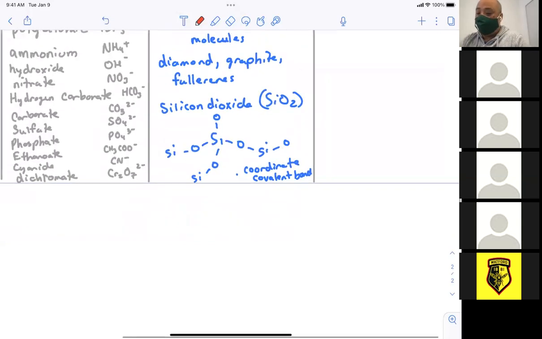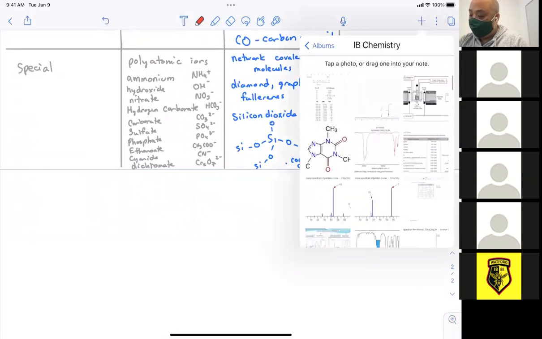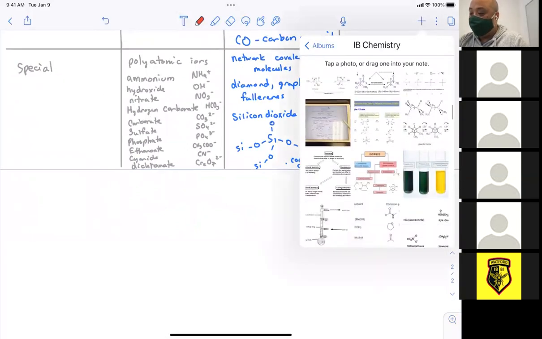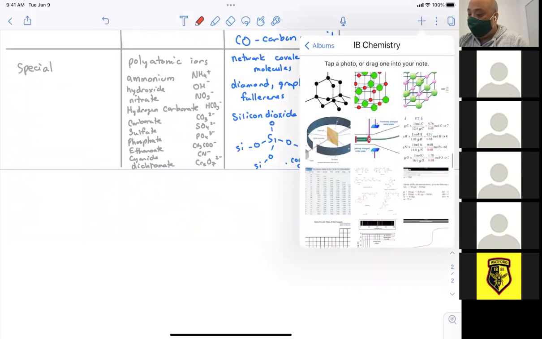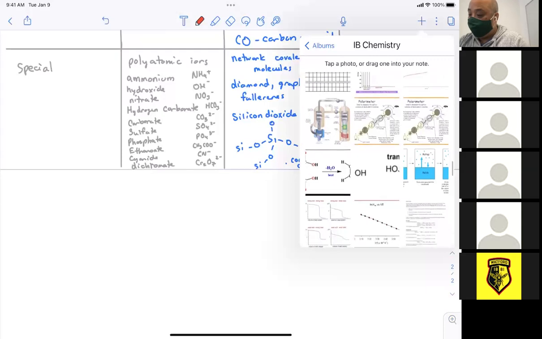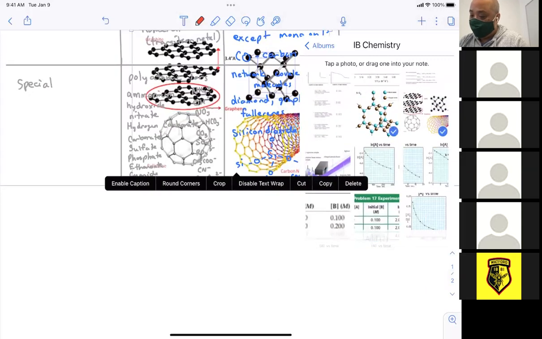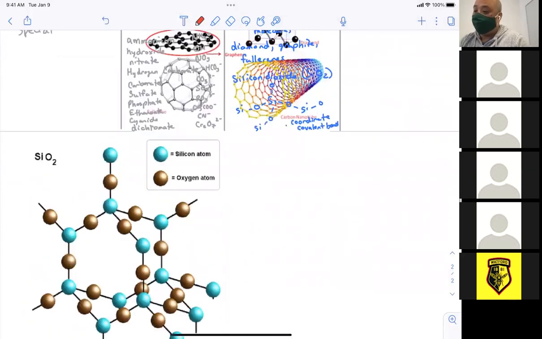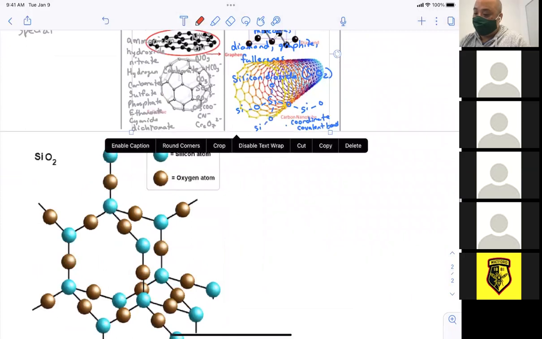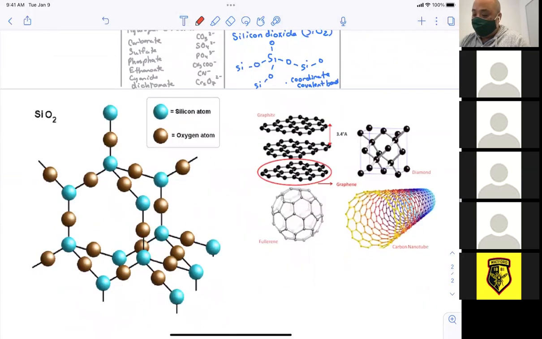So let me put a diagram in here that you can refer to later on, but it's not going to fit in here. Actually, I'm going to put 2 diagrams in here. One will be of the SiO2 and one will be of the fullerenes. I'm putting this in here so you can refer to it.